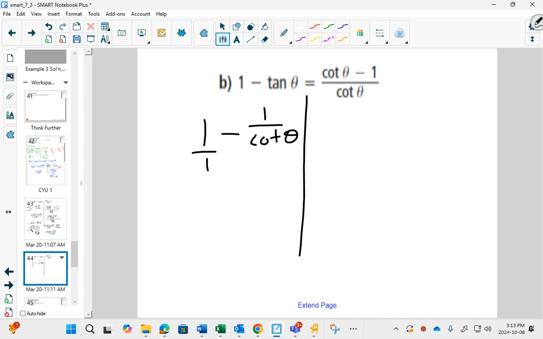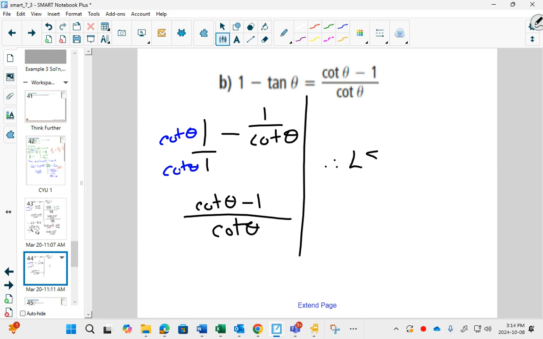I would have to multiply by cotangent over cotangent, because that's how you add and subtract fractions, and I would get a common denominator of cotangent, and the top would be cotangent theta minus 1. And we're done. Wasn't that quick? Like this, I'd be like, wow. And I spend a whole bunch of time.